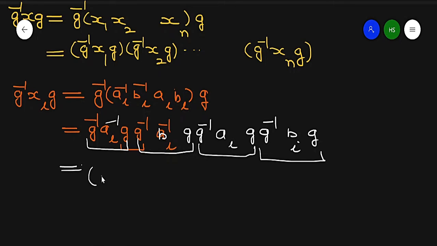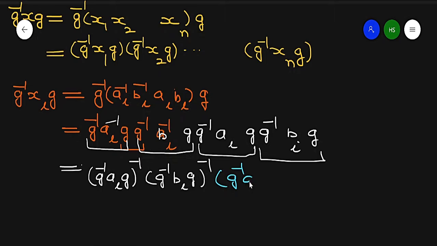This value can be written as g inverse ai g raised to power -1, and this is again g inverse bi g raised to power -1, and here g inverse ai g, and here g inverse bi g. Now this value belongs to H, because g belongs to G, ai belongs to G, and this g belongs to G.